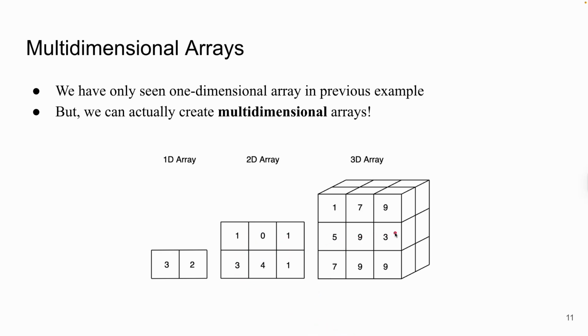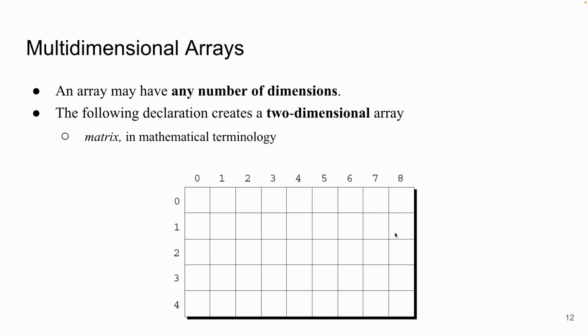We can even have a 3D array, like a cube here. So let's start from the 2D array right now. Actually, an array can have any number of dimensions, you can even have a 100D array. But the 2D array is the one we see most of the time.